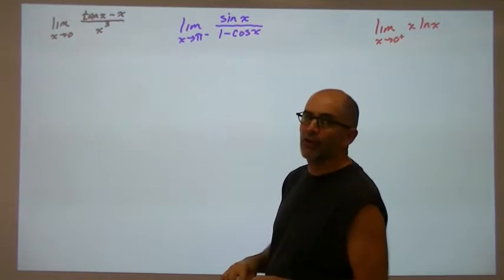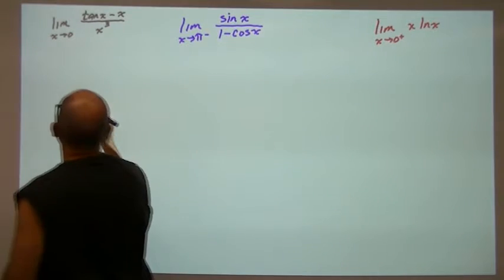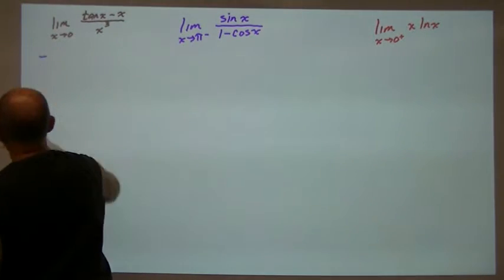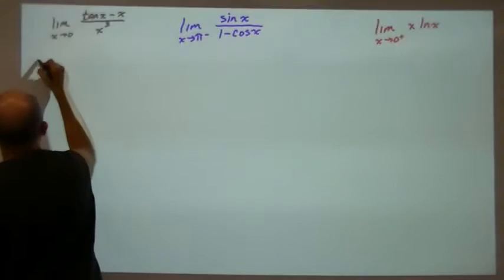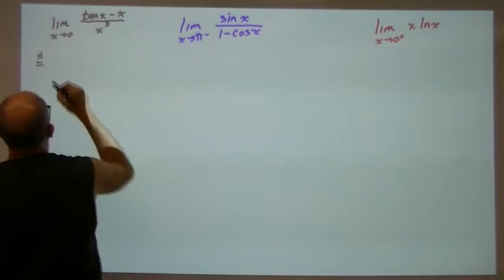So it's time for L'Hopital. Oh no, it's in blue, how embarrassing. Okay, so we go limit as x approaches 0. Now, the derivative of tangent is secant squared.